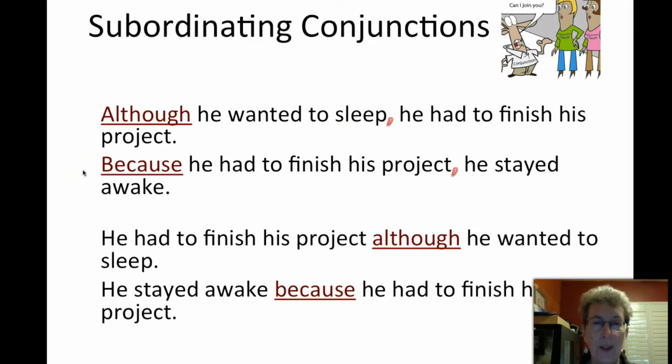Because he had to finish his project, comma, he stayed awake. Now, if you put those words after the first independent clause, he had to finish his project although he wanted to sleep. Okay? Although he wanted to sleep is the dependent clause, and we use although to separate both of those clauses, so we don't need a comma. He stayed awake because he had to finish his project. So again, we don't have a comma in that one either.